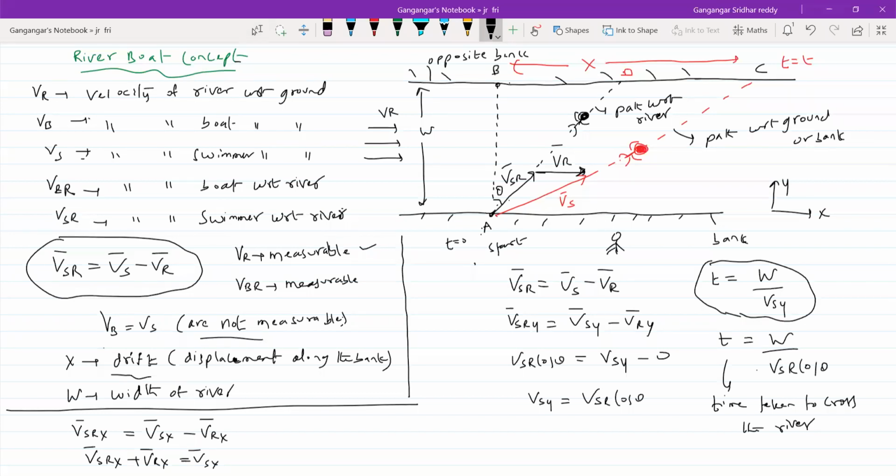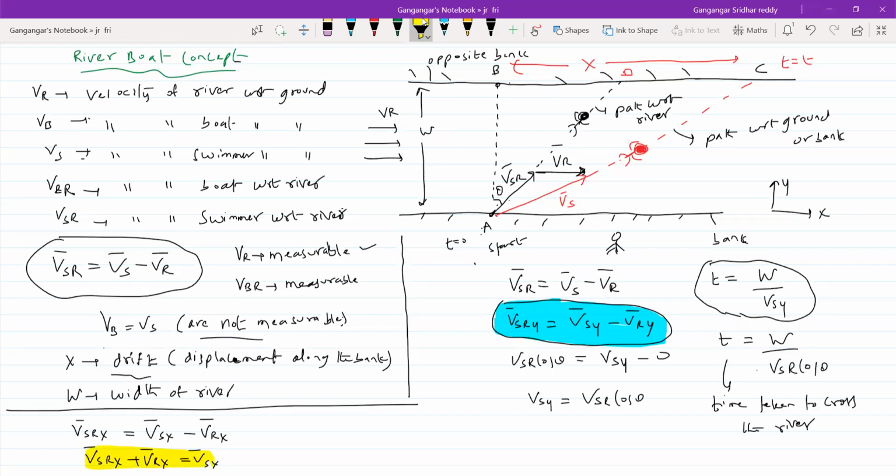The whole concept is this: VSRY equals this one. I think the rest of everything you can manage. I'm highlighting that one. Please do concentrate on this. The rest of everything you know, uniform velocity motion and all other kinematics. You can manage it pretty easily.